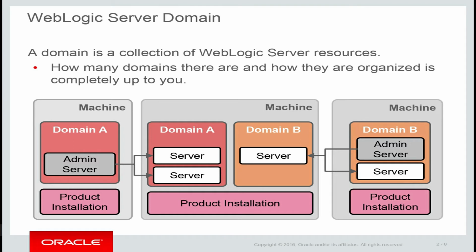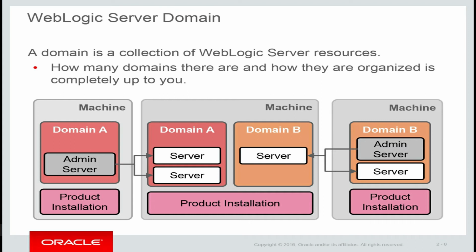The admin server is part of WebLogic residing on machine 1 with domain A, and the other servers, in red, are also part of domain A but reside on another machine. The orange one is another domain, B, on the same machine, and the admin server and other servers are on a third machine. So we can have a mix and match configuration according to the resources of the machines. Resources means cores, memory, storage.